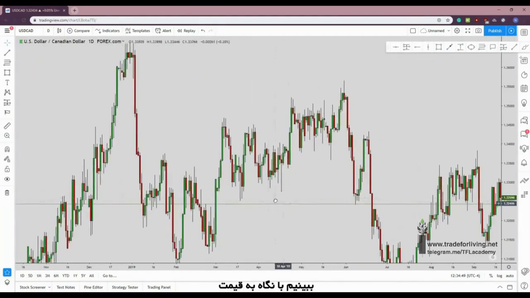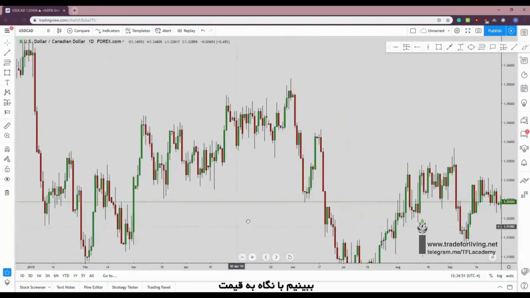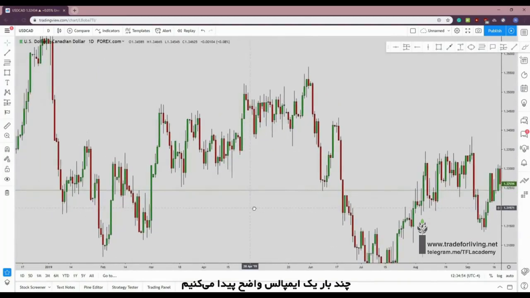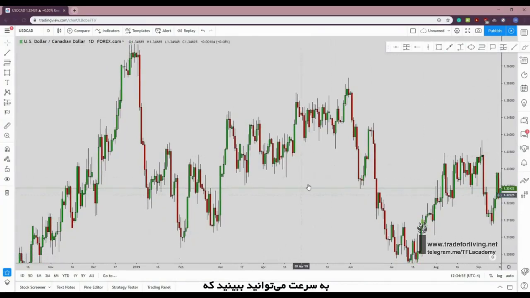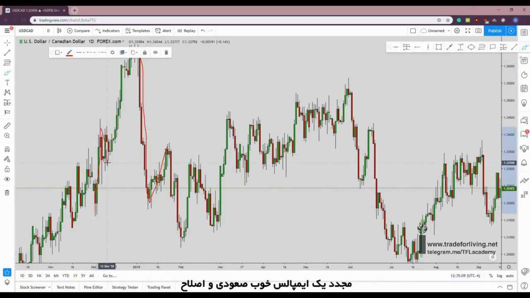So let's just look at price and see how many times we see a clear impulse in the price. And you can immediately see clear impulses. You have it here, nice impulse to the downside, retracement. You have it here, nice impulse to the upside, retracement. Again, you have it here, nice impulse to the upside, retracement.